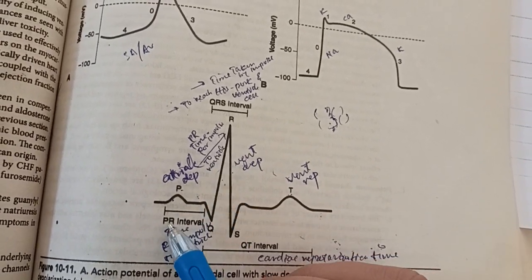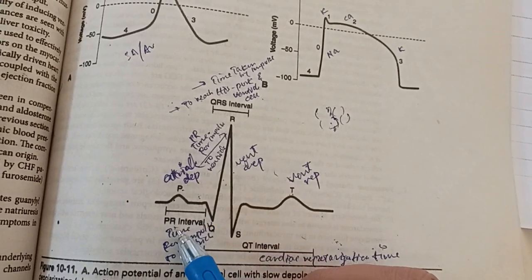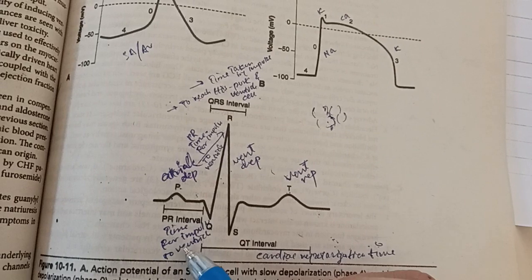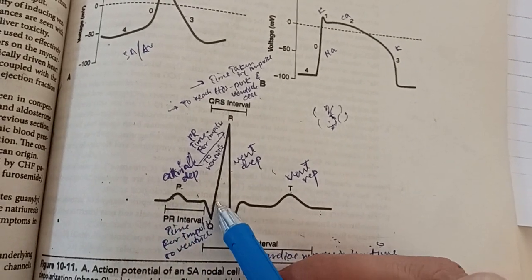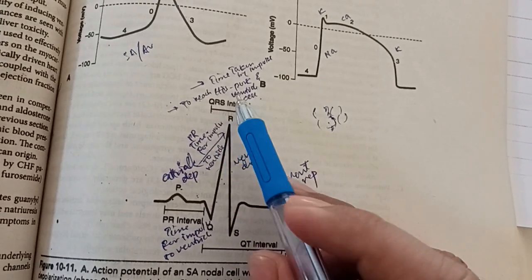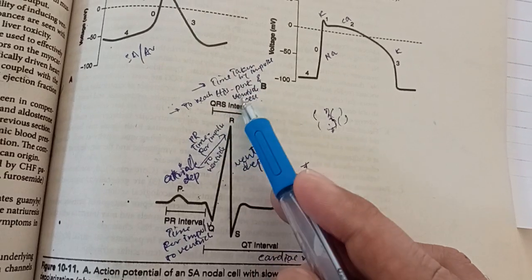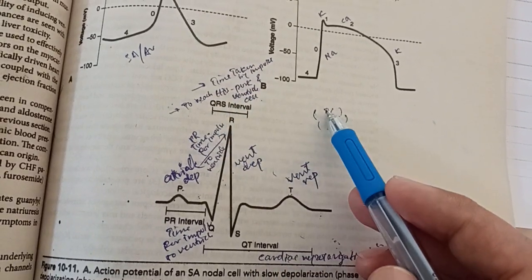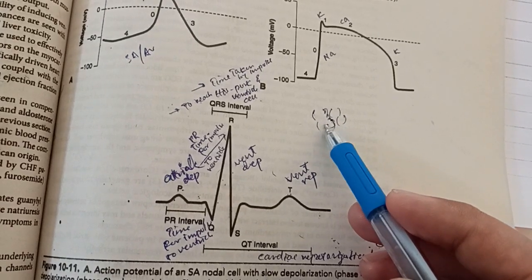Anyway, the PR interval is the time consumed for the impulse to reach from the atria to the ventricles. Then we have the QRS complex, which tells us the time taken by the impulse to reach the His, Purkinje fibers and ventricles. So we have the SA node, AV node, then the bundle of His, Purkinje fibers, then the ventricles.